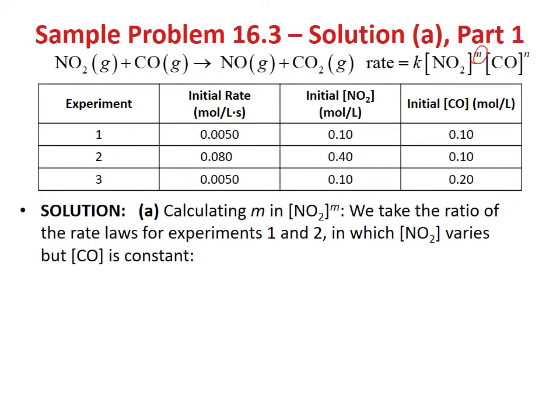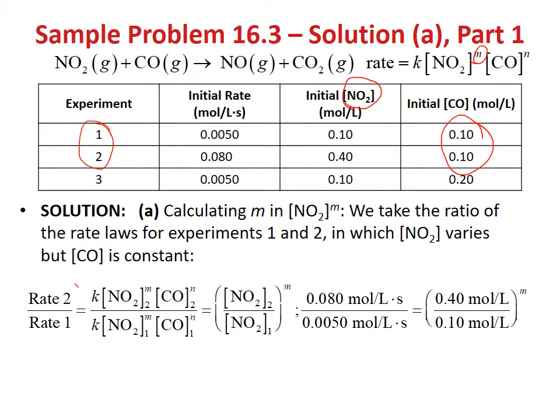To find m, we choose experiments 1 and 2 because they have the same concentration of CO, so the only contribution to the reaction rate is the NO2 concentration. In theory, the reaction rate ratio 2 over 1 should equal the concentration of NO2 in experiment 2 divided by NO2 in experiment 1, to the m's power, because CO is the same and k is the same.